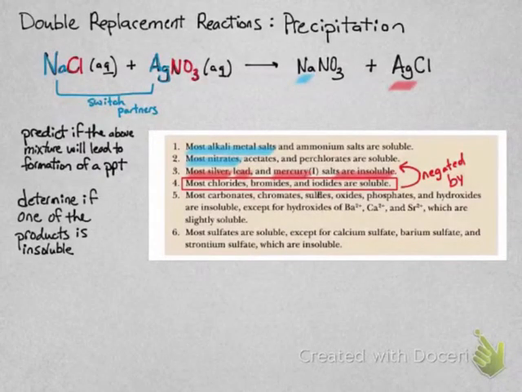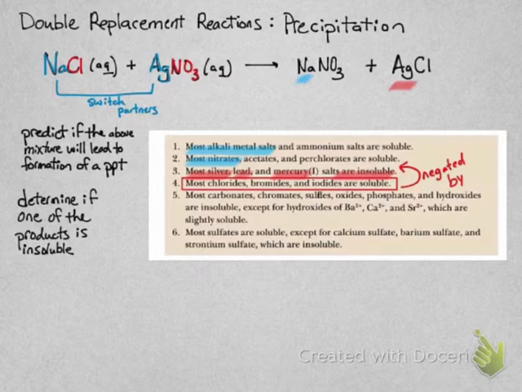We actually don't even need to go down that far, because at number 3 we found that silver salts are insoluble, and therefore number 4 is negated. Number 4 we don't need to look to. It's negated by number 3. And of course this is the reason that silver nitrate, the original reactant, was also soluble, right?